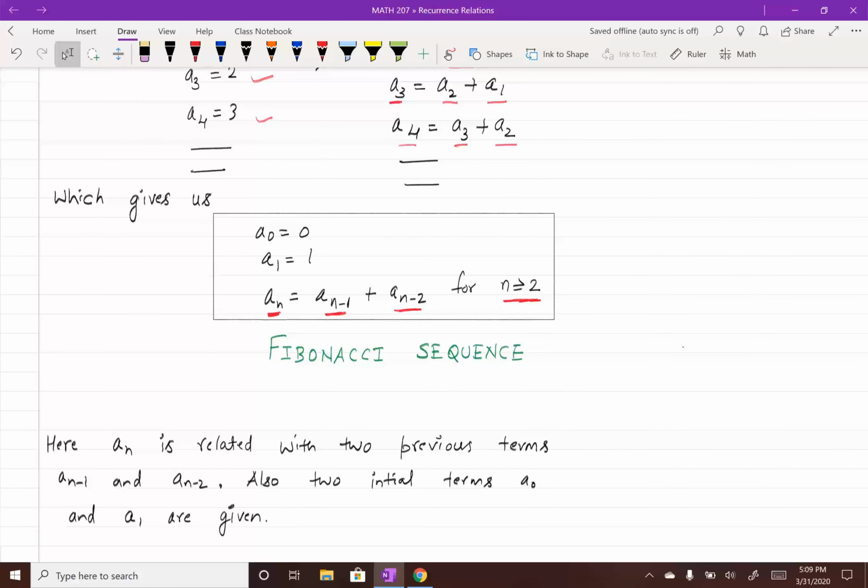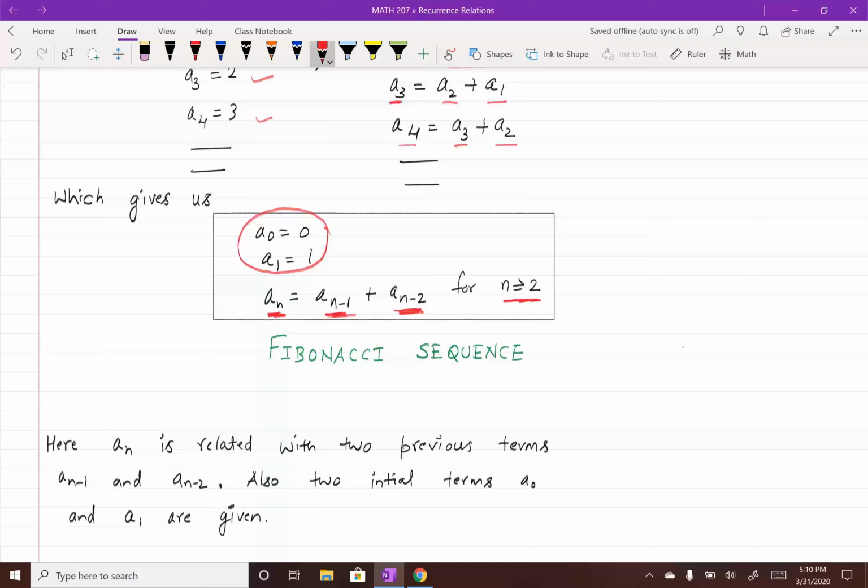Through these two examples, you can notice one thing. If a of n is related with the two previous terms, a of n minus 1 and a of n minus 2, then you require two initial terms to define the sequence, so that you have some initial terms and a rule to generate the sequence. In our previous example, a of n was related with only one previous term, a of n minus 1, so we required only one initial condition.